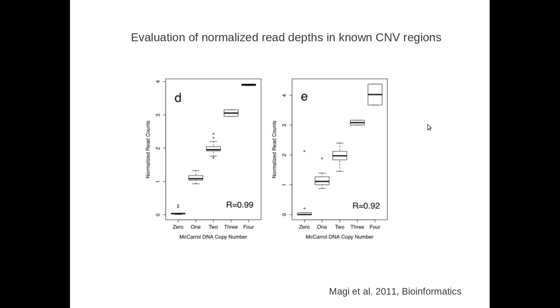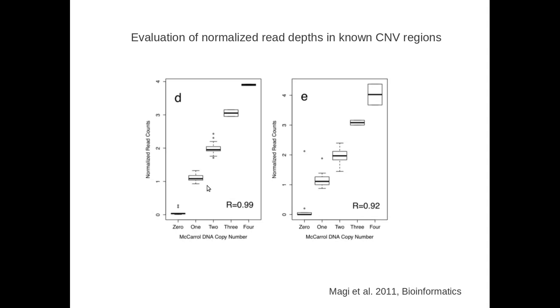So this is a figure from another paper that I posted online because this is a good technical resource for those of you who are interested in the technical aspects of using read depth methods to discover copy number variants in particular. This is an example of a study where they actually went in and ground truthed using known copy number variants that were detected by reliable genotyping methods, and then they used read count data here on this axis to show that in known cases where there's 0 copies, you end up with a normalized read depth of 0.